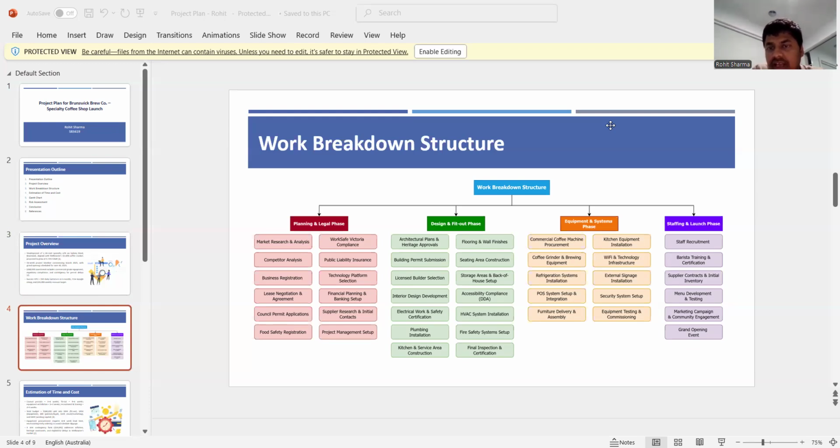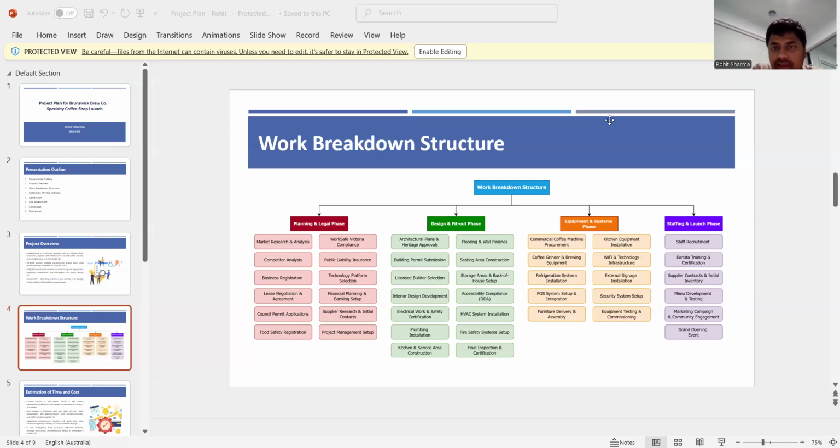So here everything is there. The first phase is the planning and legal phase. Then the design and fit out phase. Then the equipment and systems phase. Then the staffing and launch phase as well.